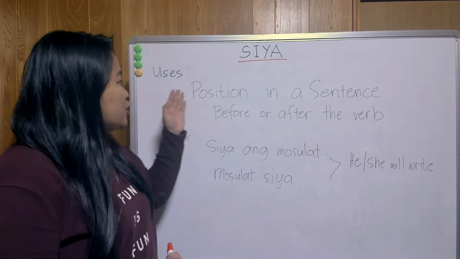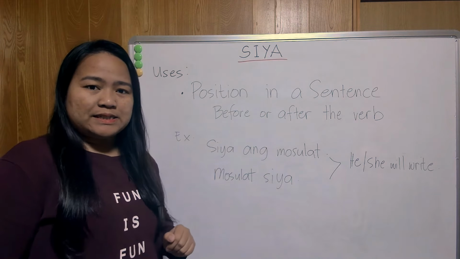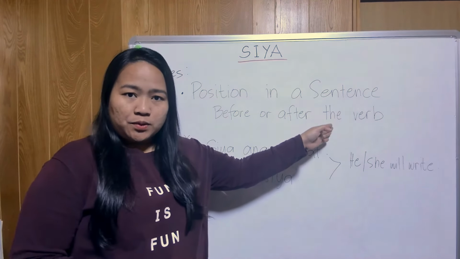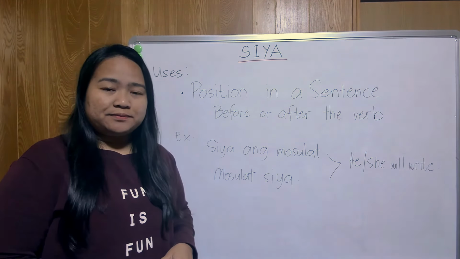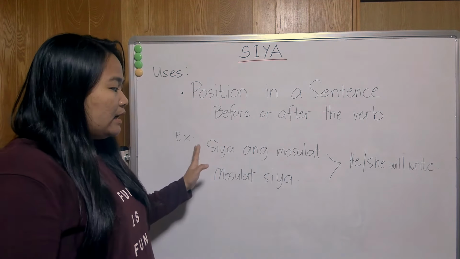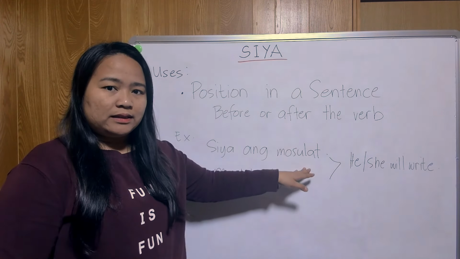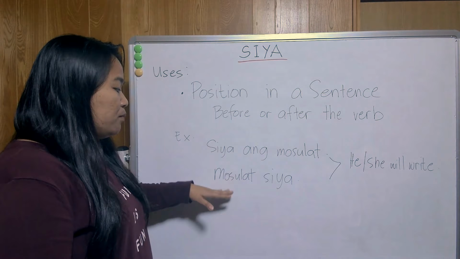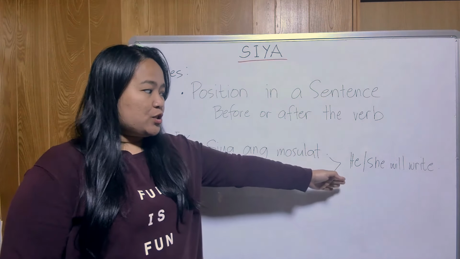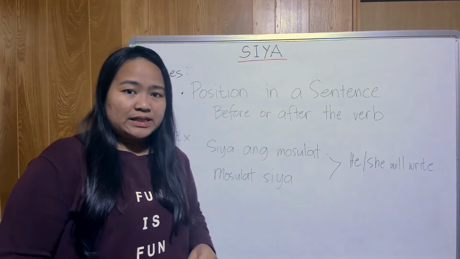Next is the position in a sentence. So before or after the verb, you can use siya. So for example, siya ang mosulat or mosulat siya. It means he or she will write.